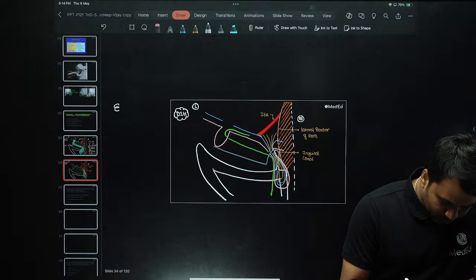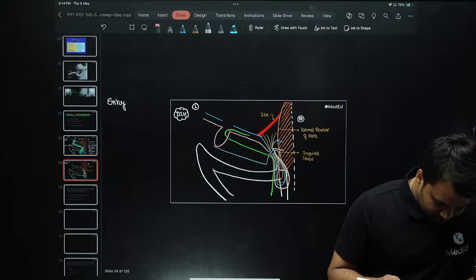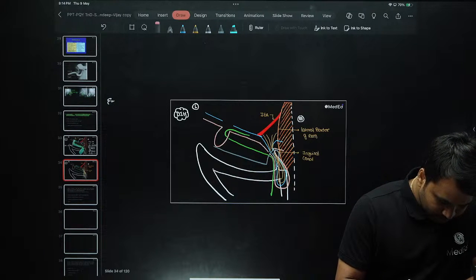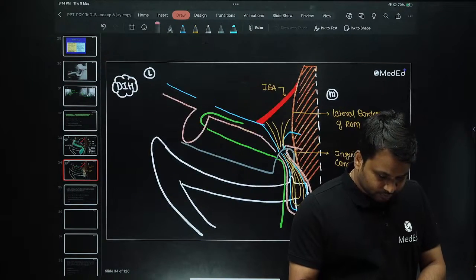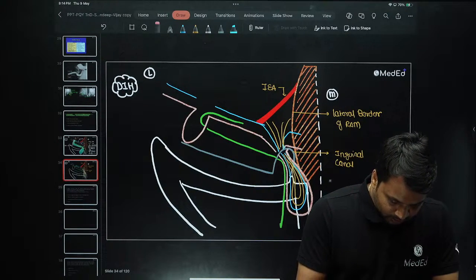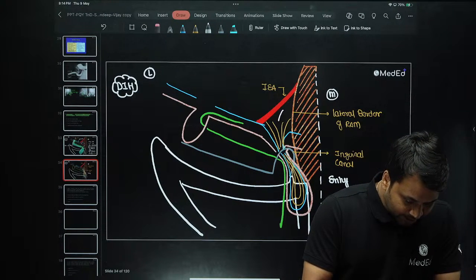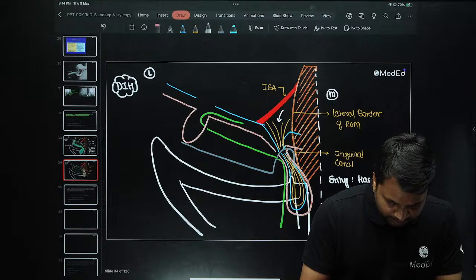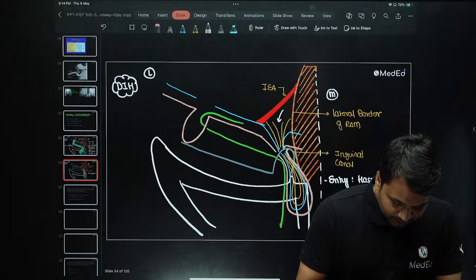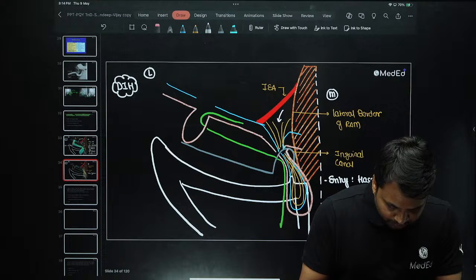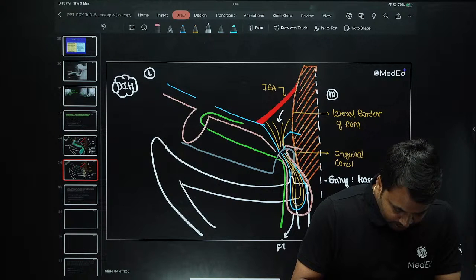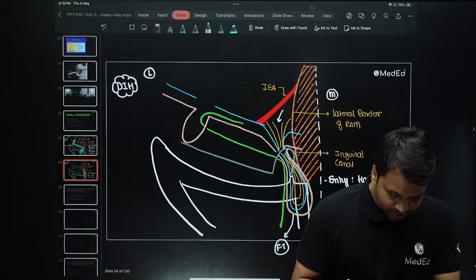When you talk about the entry point, the entry is through the Hesselbach's triangle, and this is your posterior wall. The exit will be from your superficial inguinal ring. If you say the sac here, it is made up of fascia transversalis.